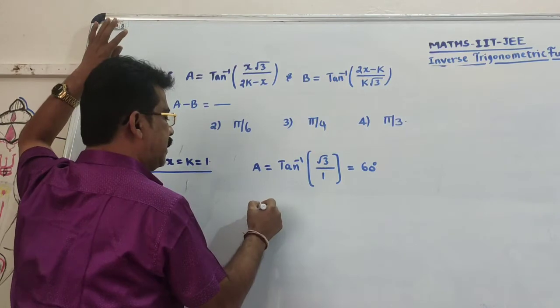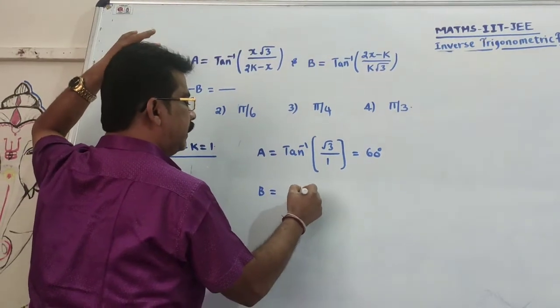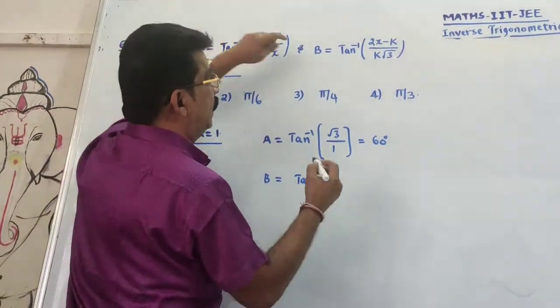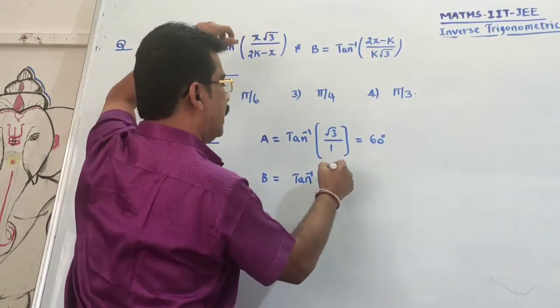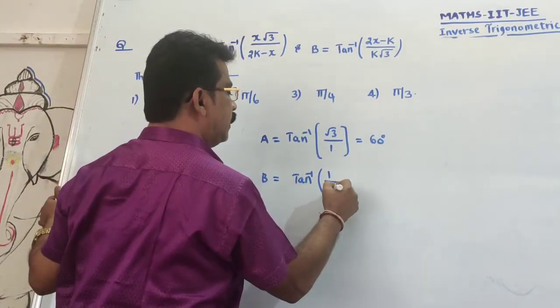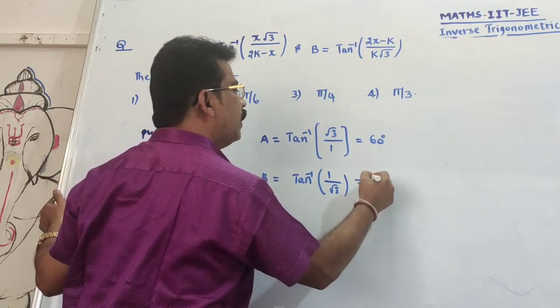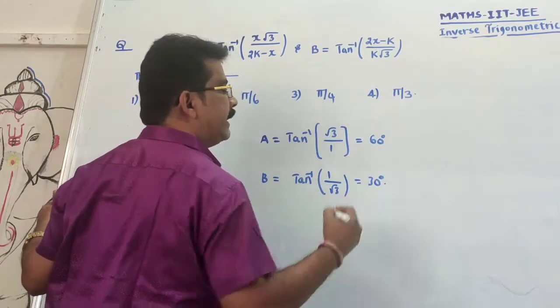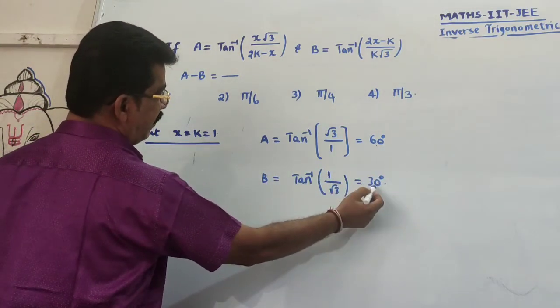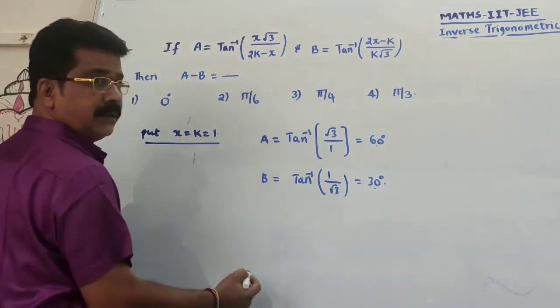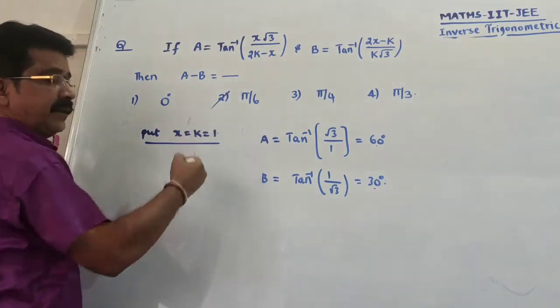Next, B is equal to tan inverse of 2x minus k, that is 2 minus 1, divided by root 3, which is equal to 30 degrees. So A minus B, 60 minus 30, is equal to 30. The second option is right.